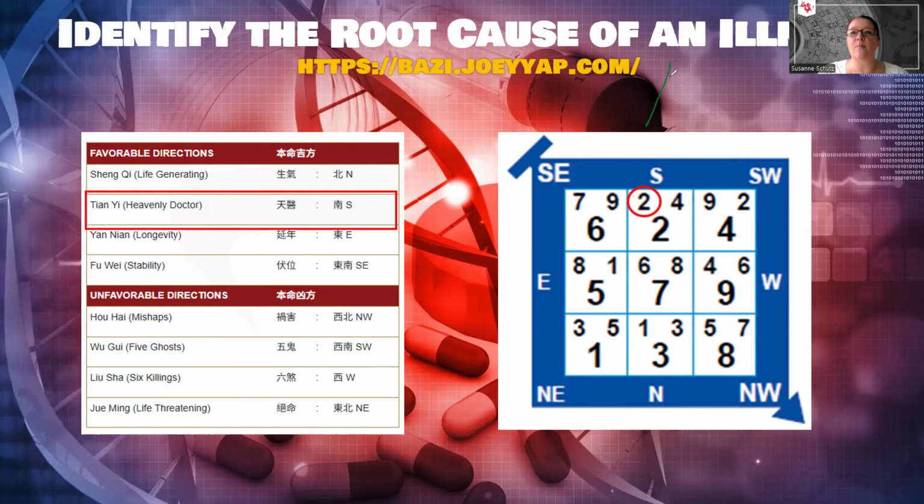So let's say you have a pylon, like an electrical pylon, or maybe a nuclear power plant or a sewage plant or something, a sharp angle that is pointing at your south sector, at your heavenly doctor sector. Then you know that this sitting star is creating some health issues and could be the root cause for your health issues or for that prolonged health problem that you're dealing with.